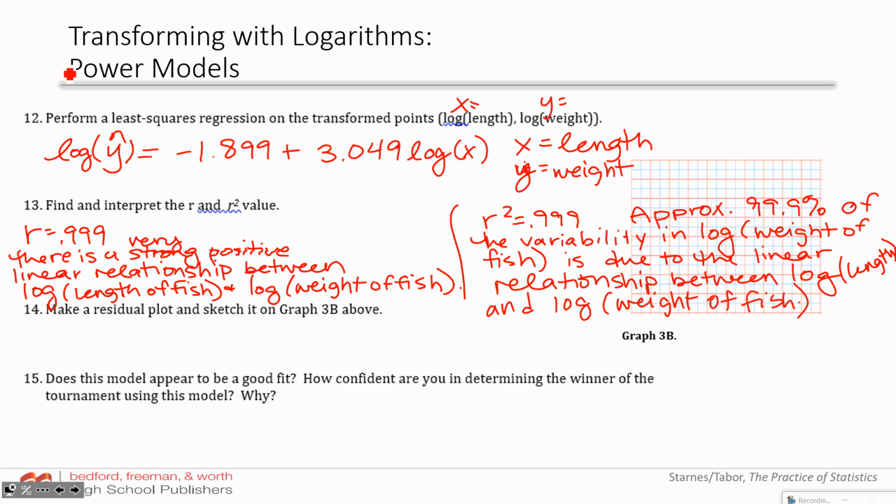Sorry, trying to squeeze that in there. All right, so there are my interpretations.